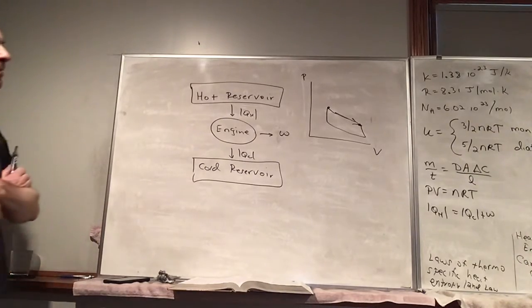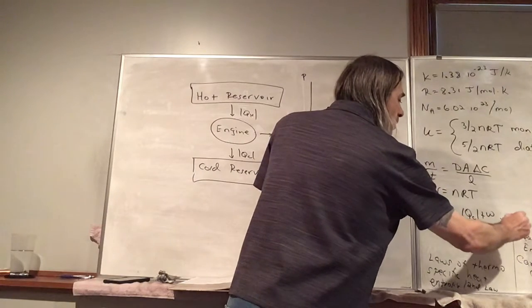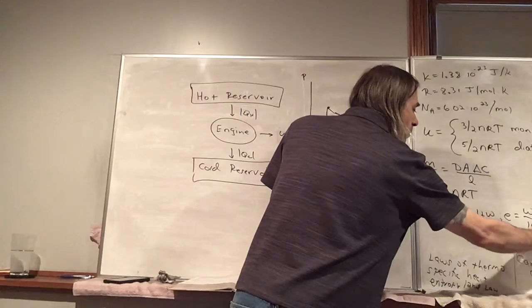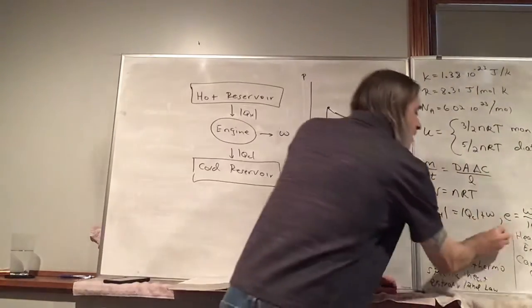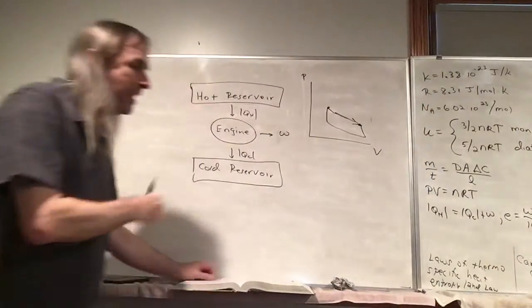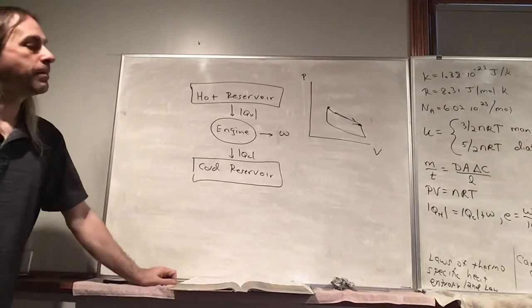Another one is maybe not as important. I'll just write it here. The efficiency of an engine is what you get out of it divided by what you put into it. We're taking energy from a hot reservoir to make the gas expand.